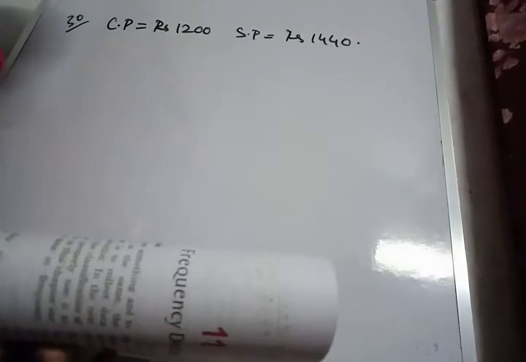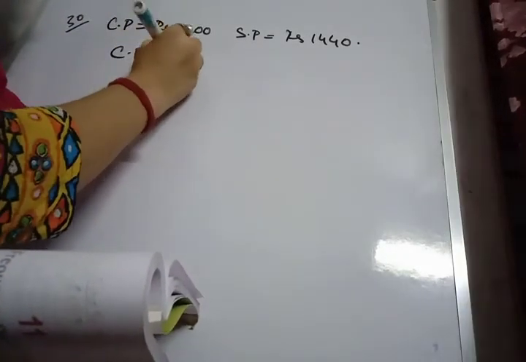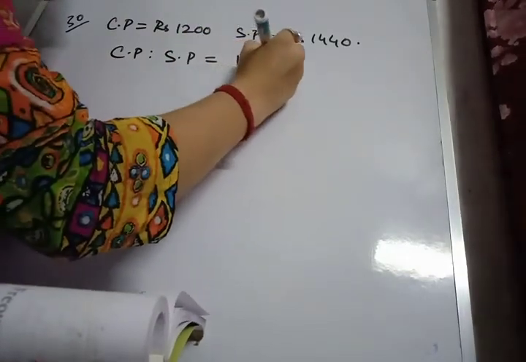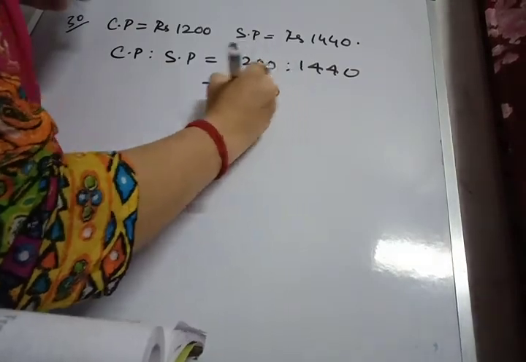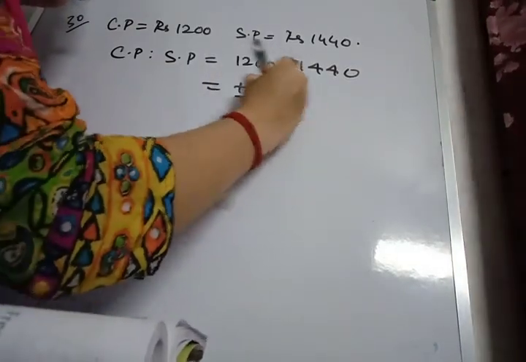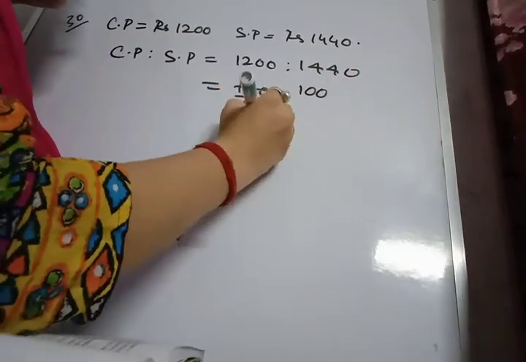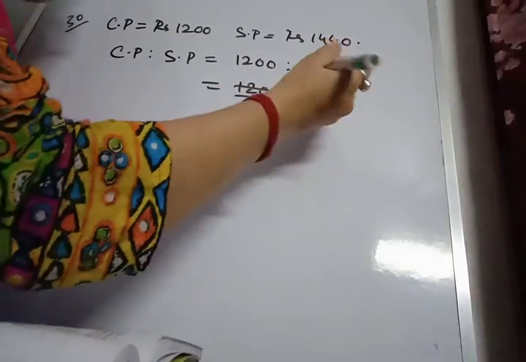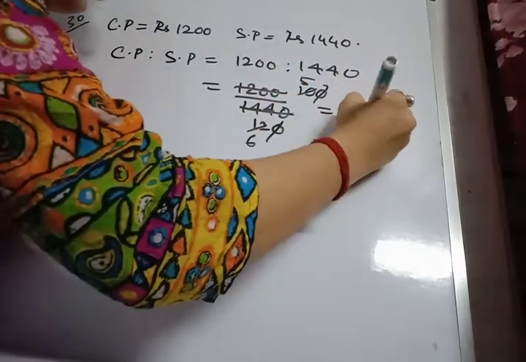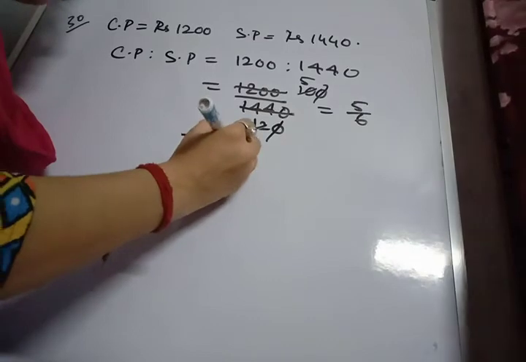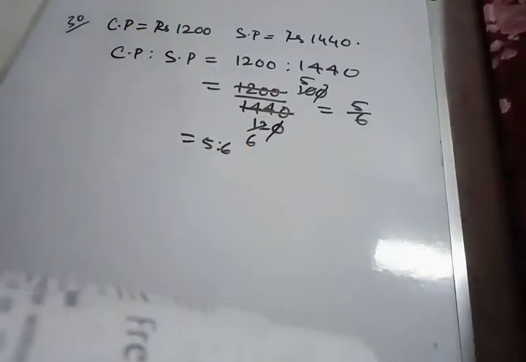So what is the ratio of the cost price and the selling price? 1200 is to 1440 is equal to 1200 divided by 1440. 12 hundreds are 12, 12s are 0 0, I'm cancelling it. 2 5s are 10, 2 6s are 12. So 5 by 6, or the ratio is 5:6. This is my ratio of cost price and selling price, or the purchase price and the sell price.